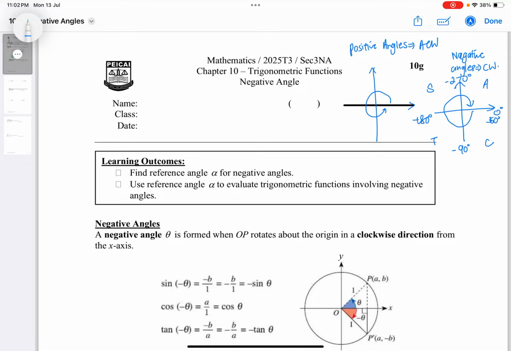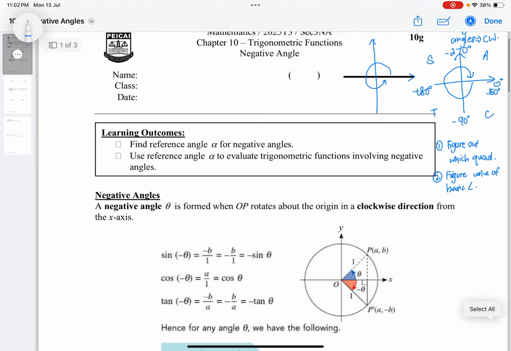Step one, figure out the quadrant. Which quadrant? Step two, figure out the value of the basic angle.